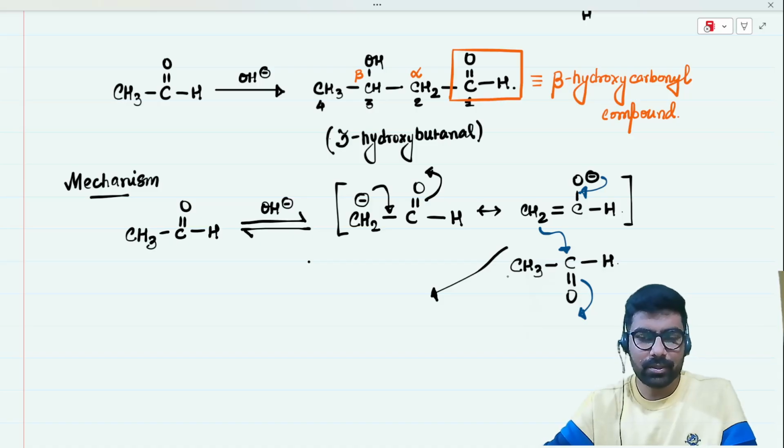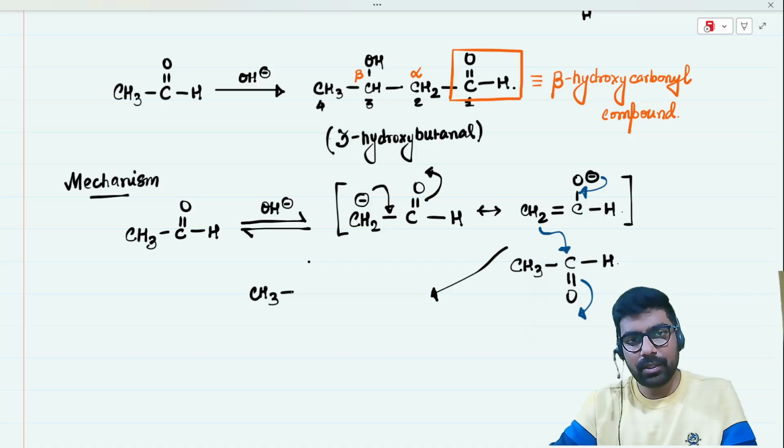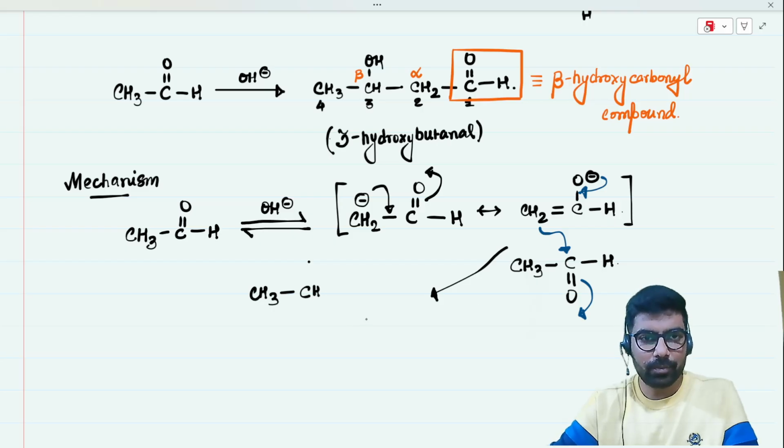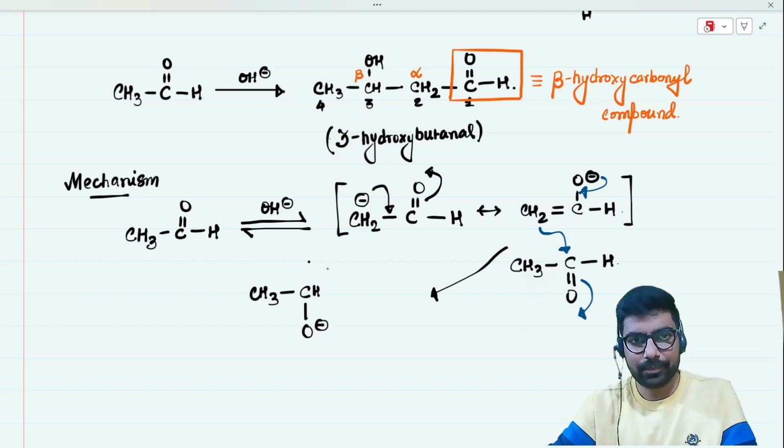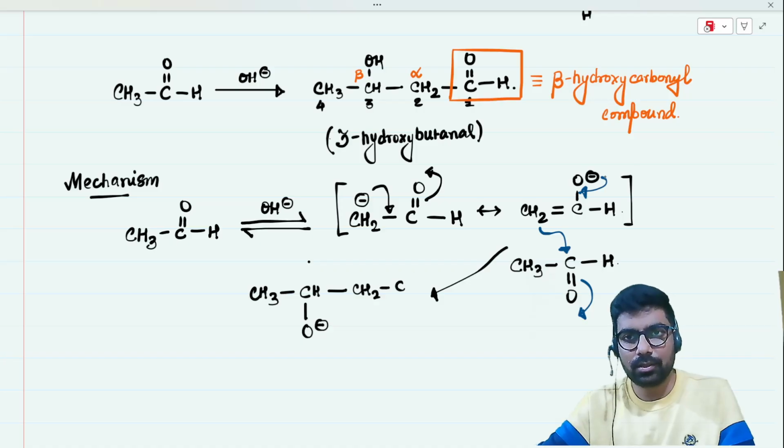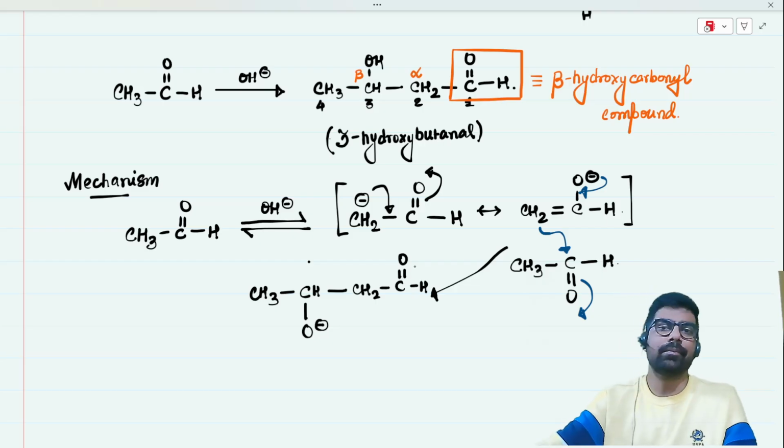Now starting from this, there is a CH3. Then there is a carbon CH and the O has been opened up. Right? So we have O minus. Then there is a CH2 over here. The oxygen has pushed back, so C double bond O and H. Okay.